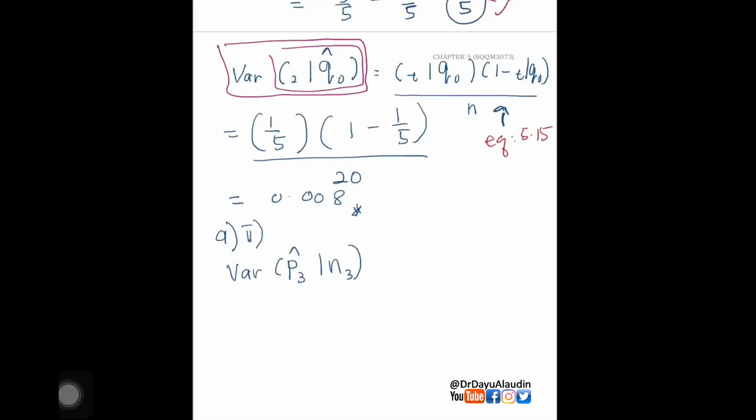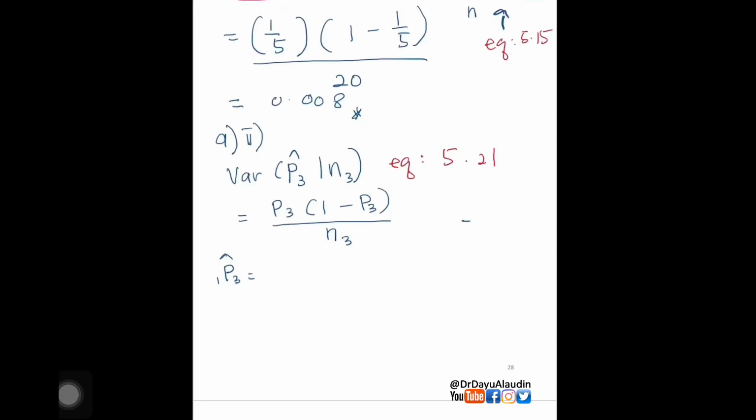You can refer to equation 5.21, and in that equation, the formula for this one is over N3. How to get P3? In terms of S, it becomes S(t+1) over S(t), so here it becomes S4 over S3.